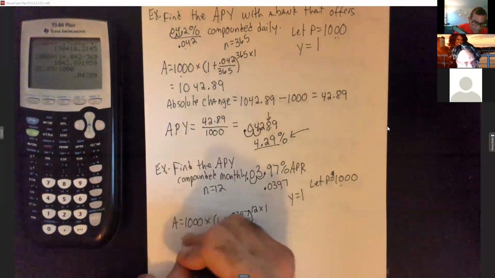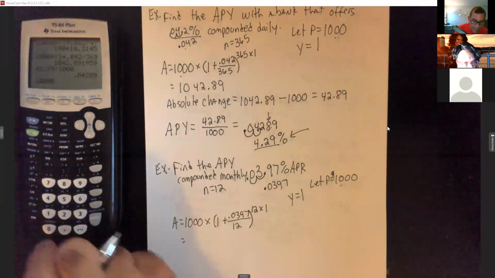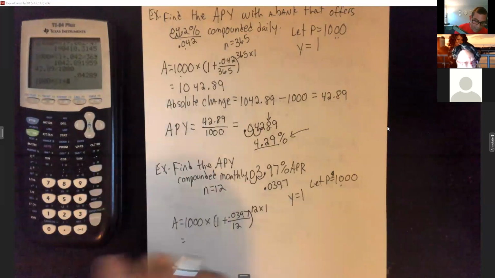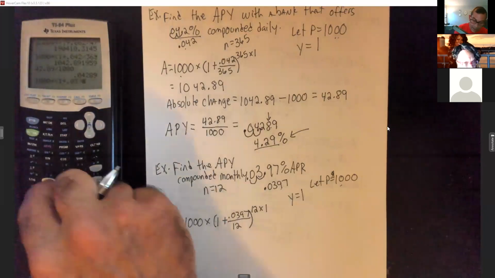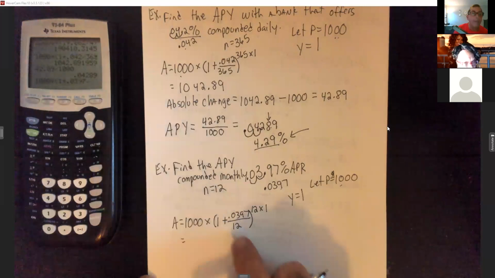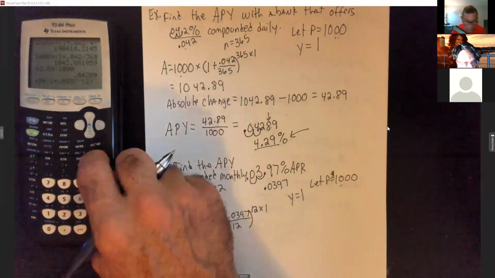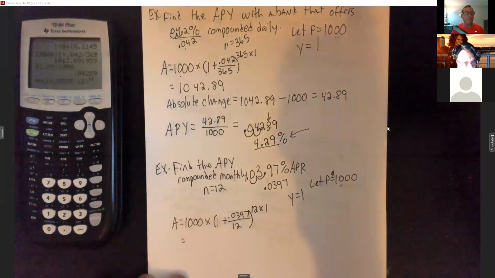All right, so I'm going to push that in. 1,000 times parenthesis 1 plus 0.0397 divided by 12, close parentheses, and then carry it up for the exponent. And y'all, 12 times 1 is just 12.